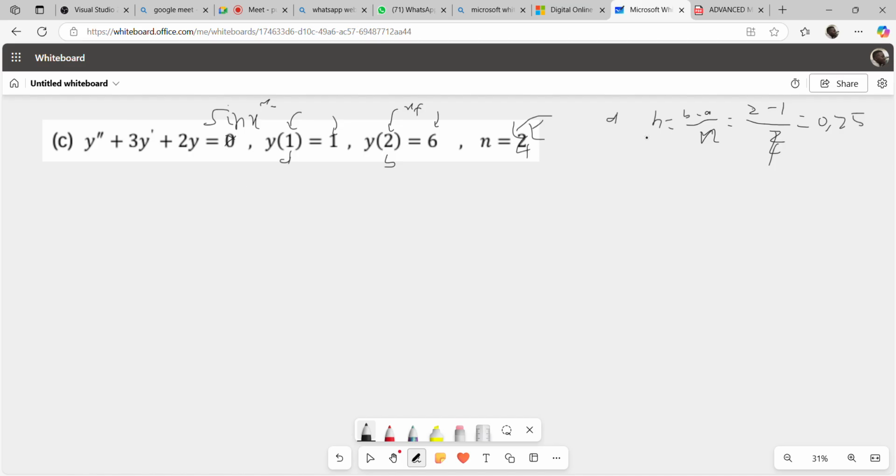Now here's the thing. You have the value of x0. x0 here is 1, so your y0 here is 1 as well. You need to look for x1. x1 is the value of x0 plus h. H is called a step, what you use to calculate. How can I relate a step to real life?